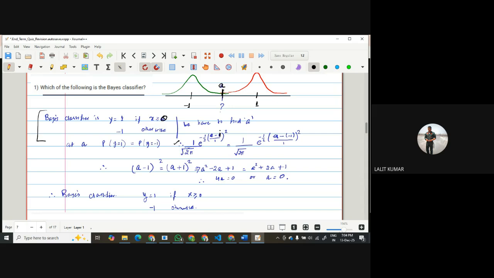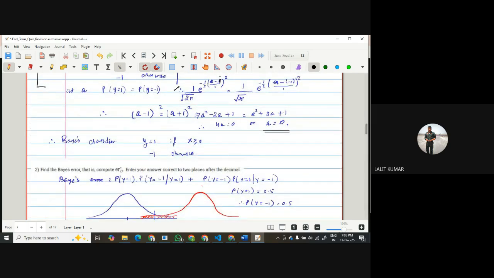And here it will become a minus -1, because -1 is the mean. When you equate this, you get (a minus 1) square is equal to (a plus 1) square, and you get a is equal to 0. So your Bayes classifier becomes y = 1 if x is greater than or equal to 0, or -1 otherwise. Is this understood?